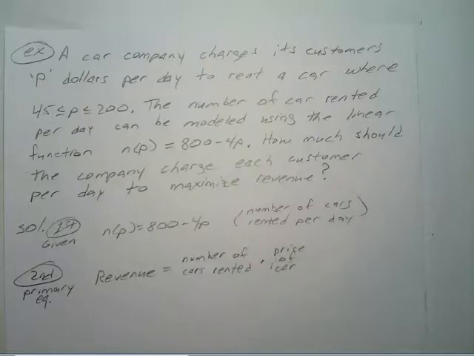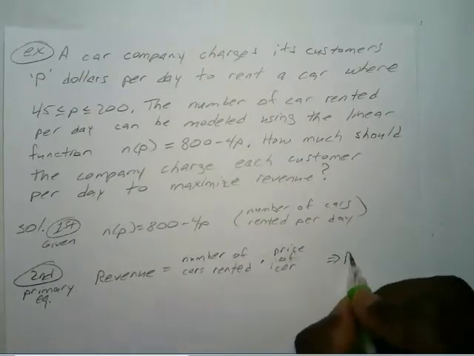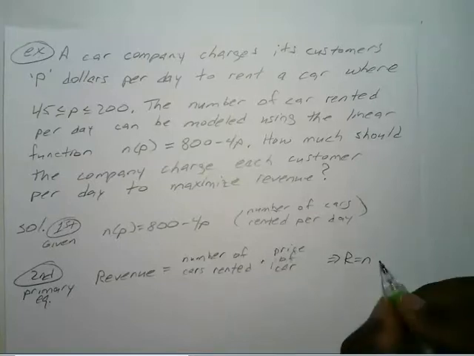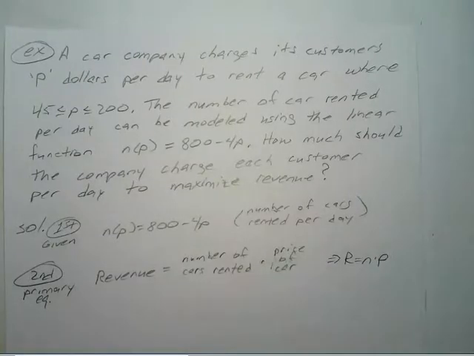Okay. So if we want to get that into a nice, neat little equation, we'll just make that R equals the number of cars rented times the price. Now it's not profit, so we're not counting costs and maintenance and insurance. We're just looking at strictly revenue, how much money's coming in.